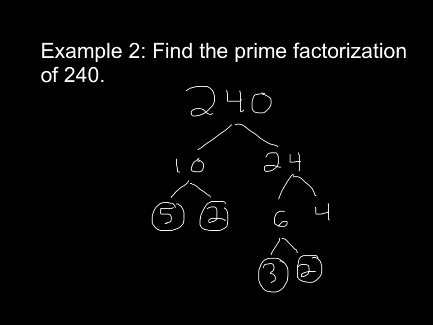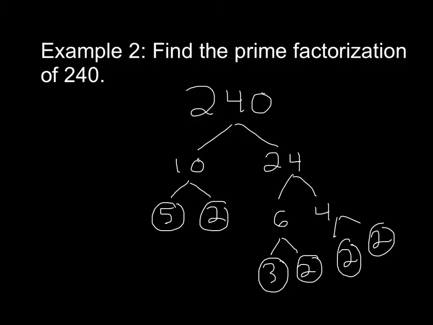The number 4. What would multiply together to be 4? 4 is the same thing as 2 times 2. 2 is prime, so I circle it. 2 is prime, so I circle it. Now I'm going to write out my answer from least to greatest.